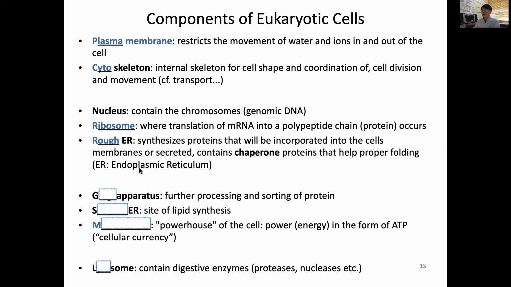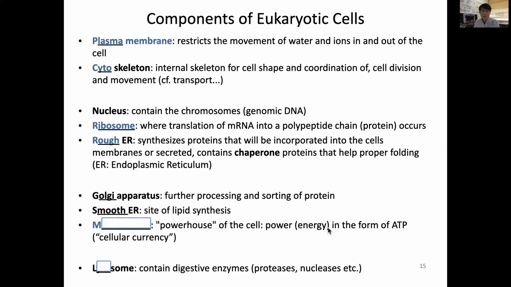Afterwards, further processing and sorting of protein happens at the Golgi apparatus. And because there's rough, there's going to be a smooth ER. The difference is smooth ER is the site of lipid synthesis. And many of the functions need energy. So the powerhouse of the cell, that power or cellular currency, is in the form of ATP, adenosine triphosphate.